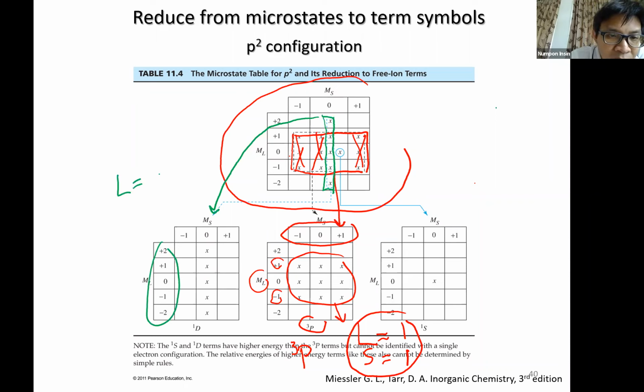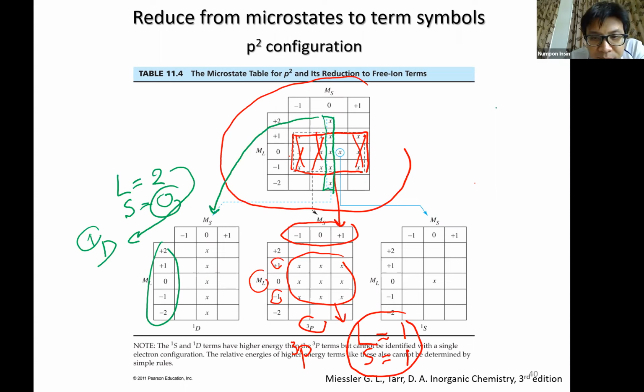So L is going to be equal to 2 and S equal to 0. So the term symbol for this one is going to be singlet D. Okay, L equal to 2 is D and S equal to 0 is singlet. So you take the 5 out.